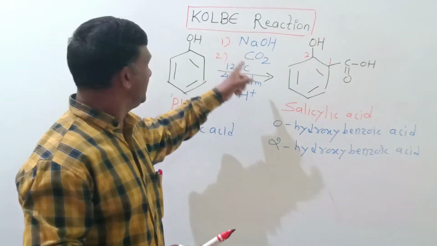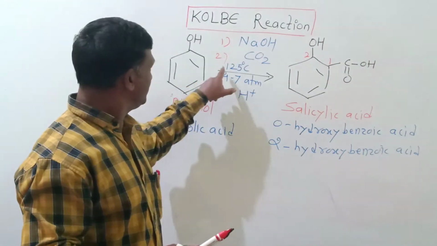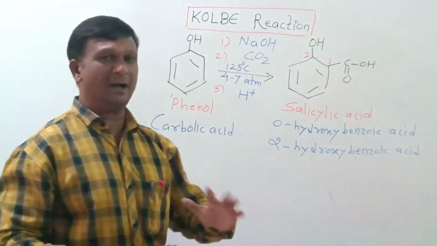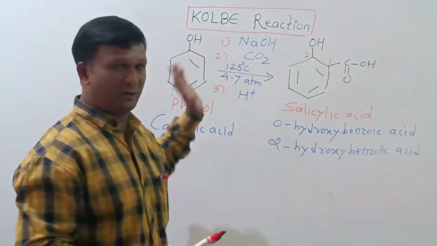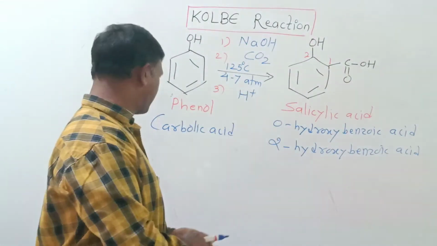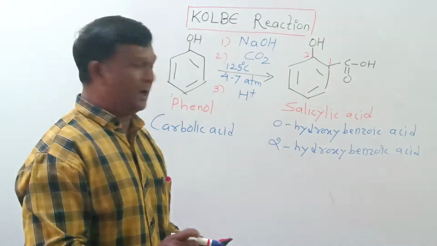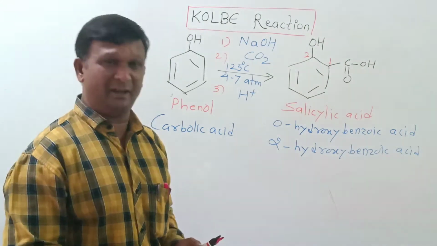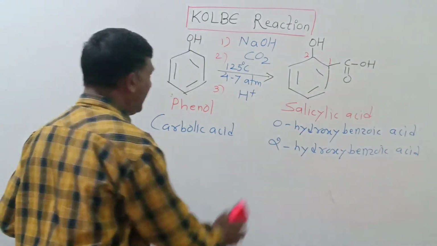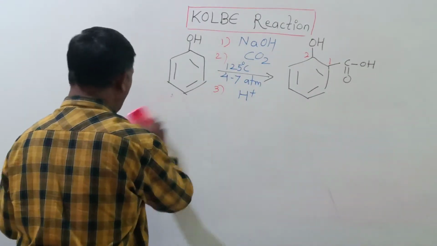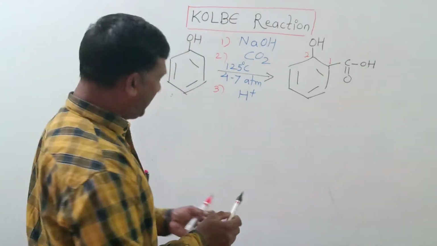That is use of NaOH, a high temperature of 125 degrees centigrade and a high pressure of 4 to 7 atmosphere. This salicylic acid is an important precursor for a very important medicinal compound which is called aspirin.